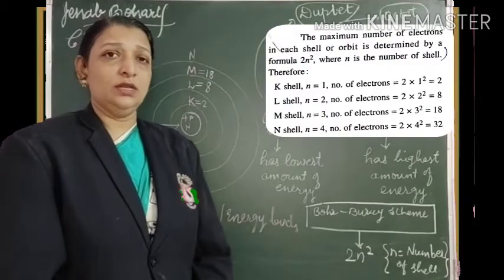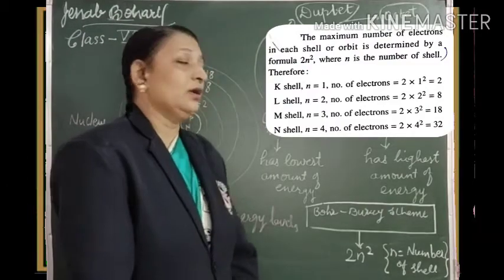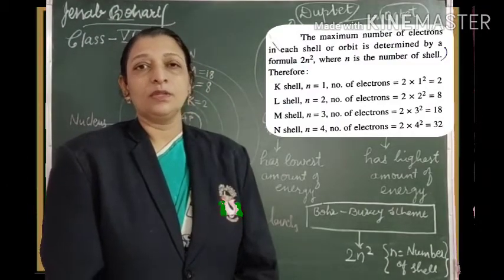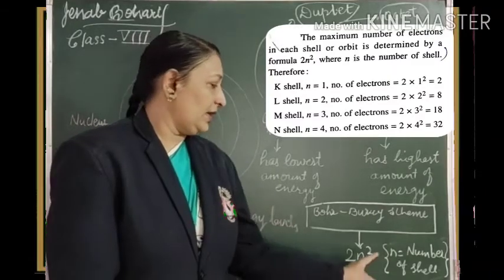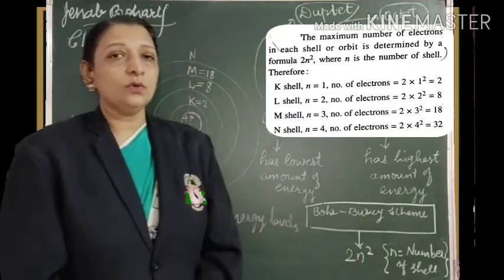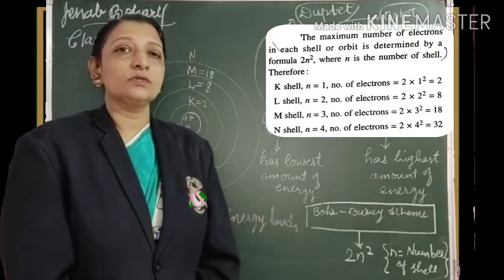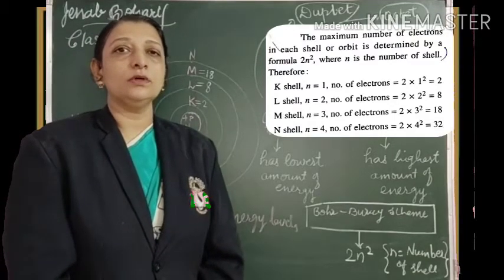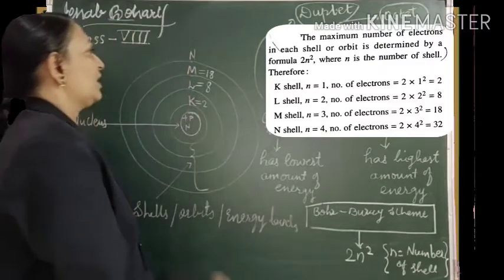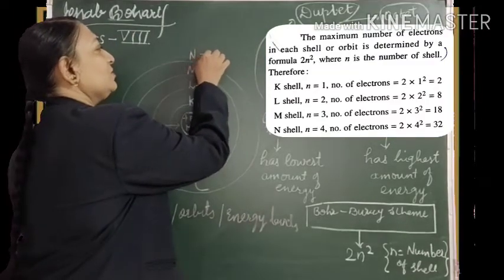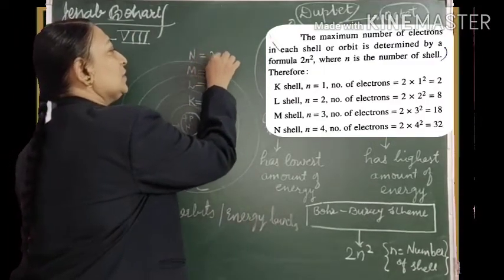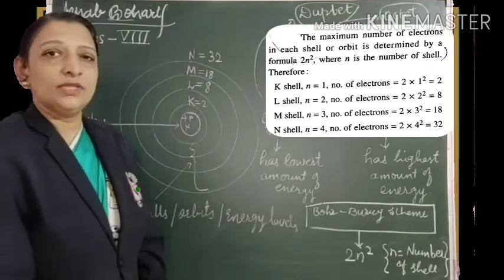The next shell, the fourth shell, is the N shell. The value of n is 4. So 2 into 4 square, that is 2 into 16, equals 32. Hence we say the capacity of the N shell is to hold 32 electrons.